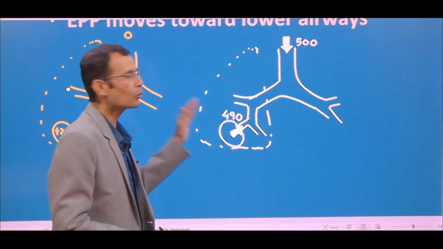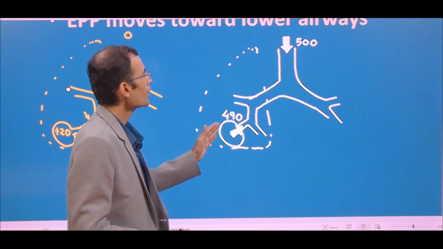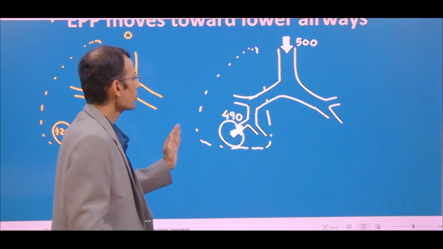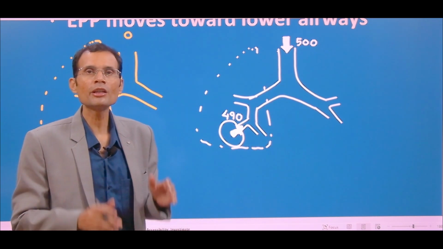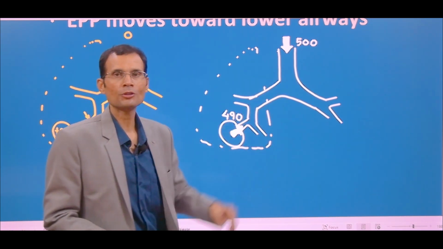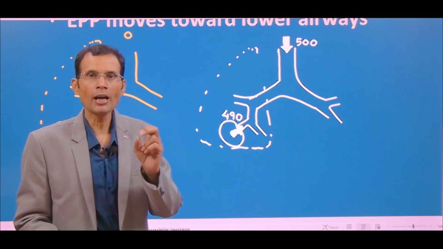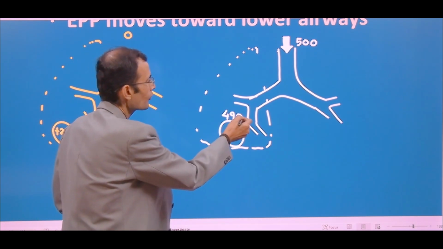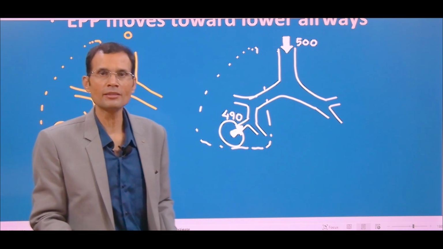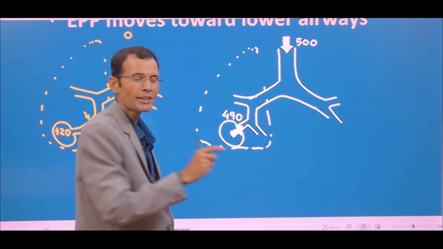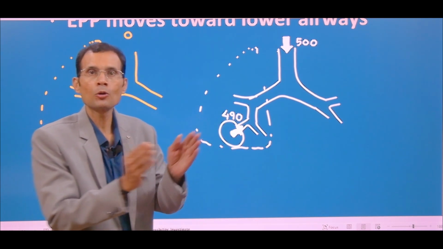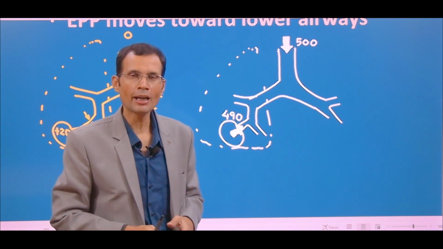Because of the early closure of airways, you inspired 500 ml, inspiration was easy, but during expiration only 490 ml could come out. 10 extra ml were trapped in the alveoli beyond those closed airways.